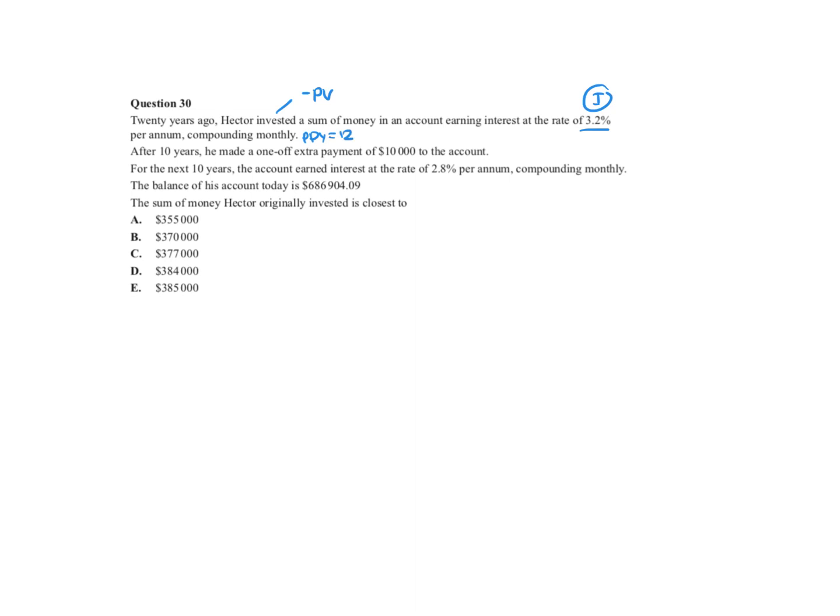After 10 years, he made a one-off payment of 10,000 into the account. So he's just doing it a one-off. So then after he does that, something else happens. And then for the next 10 years, we're getting a new scenario. So we've got an interest rate here, still compounding monthly.